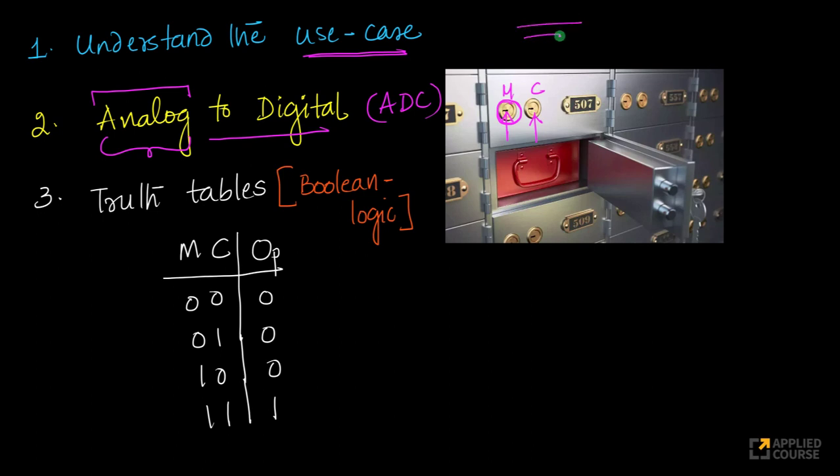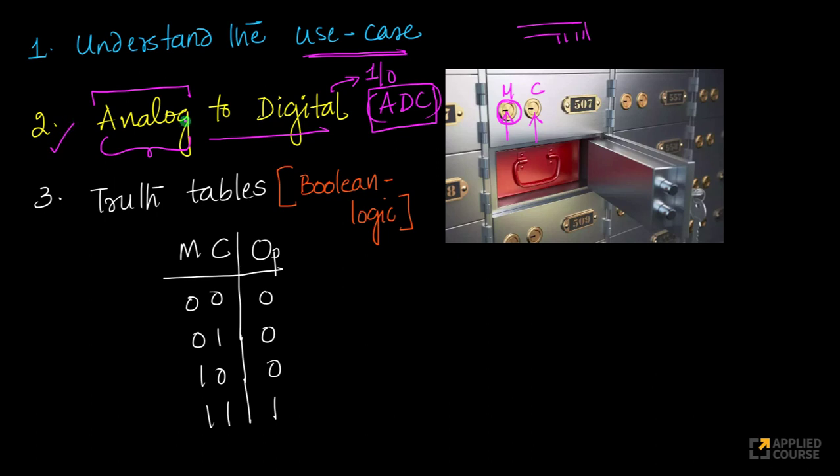It looks at the shape of the teeth and says, yes, this is valid or this is not valid. So there is an electromechanical system called an analog to digital circuit, which takes in the key and returns a digital value of 1 or 0. It returns 1 if the key is valid, 0 otherwise.